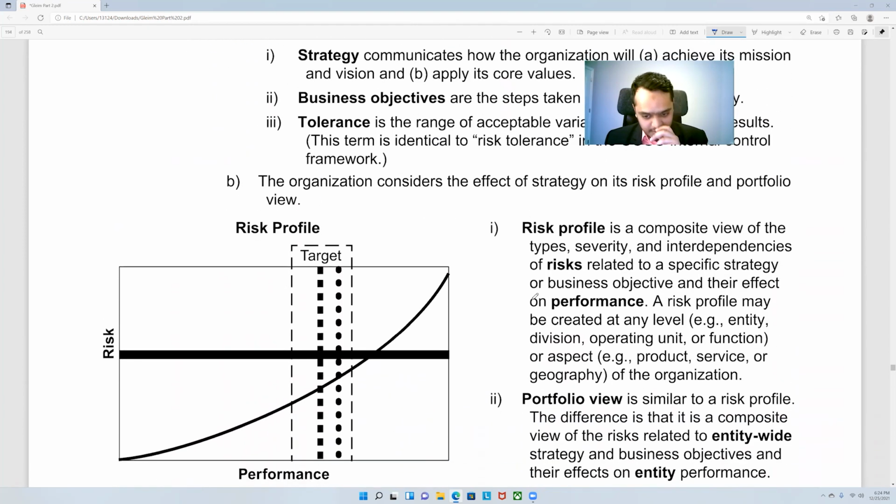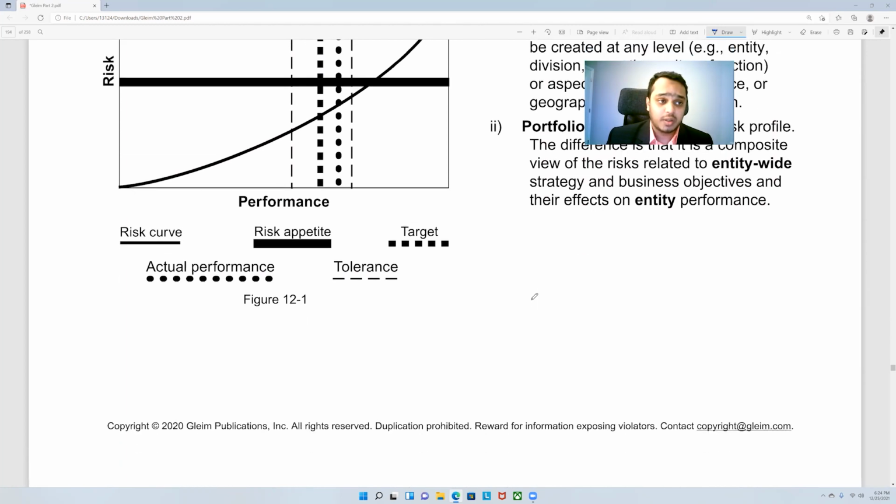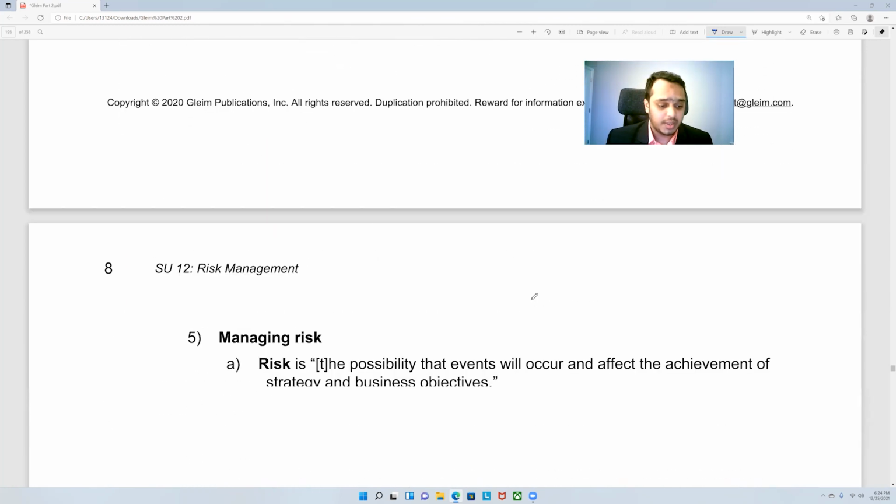Then risk profile, portfolio view: it's understanding how much you are able to tolerate, how much you are able to take up. That's your risk appetite and your tolerance level towards losses, or towards what can be a problem for you in the long run. That is taken care of there.